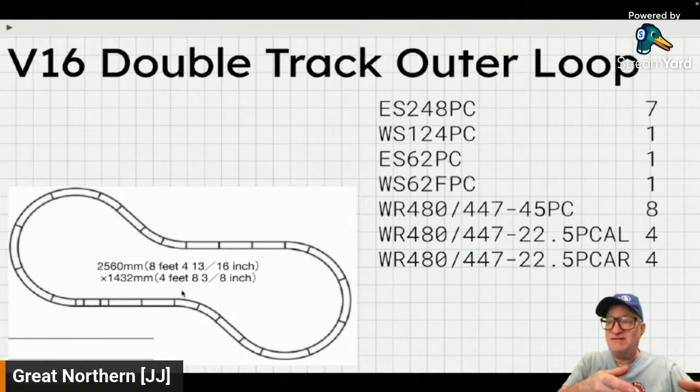So this could fit on like a ping pong table. I think a ping pong table is like 5 feet by 9 feet. So you could put all 3 of these sets on there and have 6 trains running around in a circle, if that's what you wanted to do. And you'd have to have 6 controllers if you wanted to have 6 trains running.